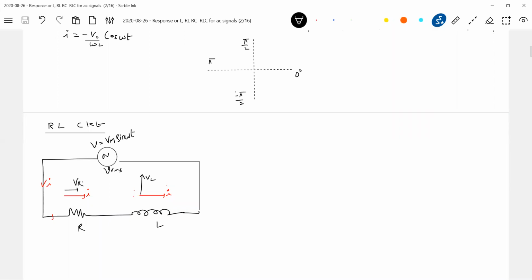According to the convention, let's assume that the phase of current is 0. I'll write it nearby. The magnitude is I and the phase angle will be 0 degrees. Then the applied voltage, I don't know its phase, that has to be determined.